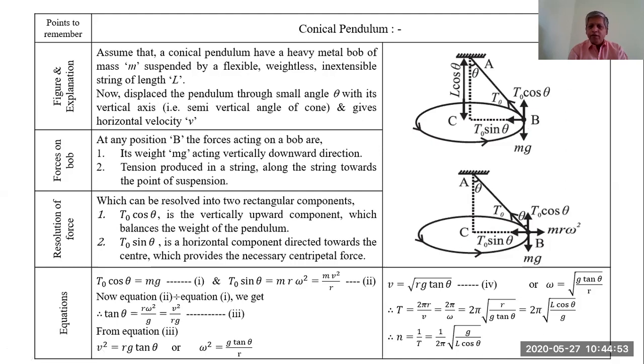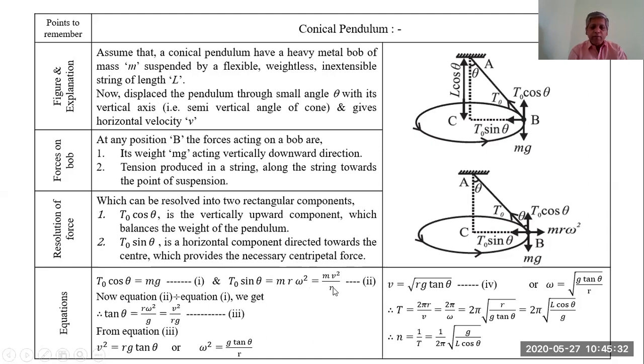Another component is T0 sin theta, which is toward the center of this horizontal circular motion and provides the necessary centripetal force. Therefore, the equations are T0 cos theta equals mg, and T0 sin theta equals m r omega square, or equals m v square upon r. This is the centripetal force.